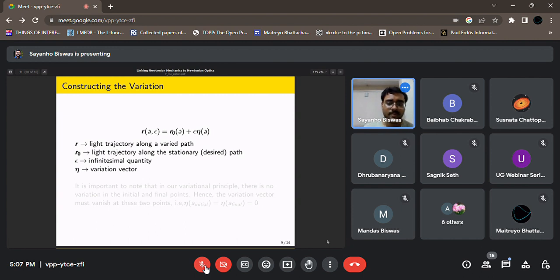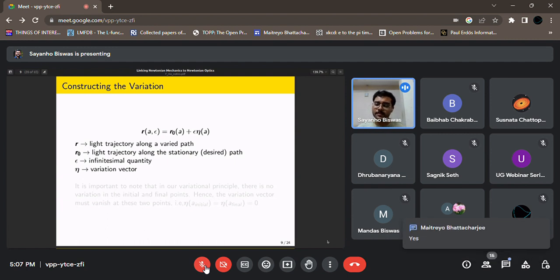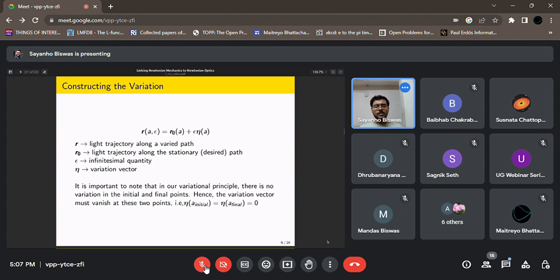If my r naught and r vector should be exactly the same at the starting and the ending points, then my eta vector should be 0 at the start and the end points. So my eta at a initial and eta at a final, as I've written in the last line, should be equal and equal to 0.